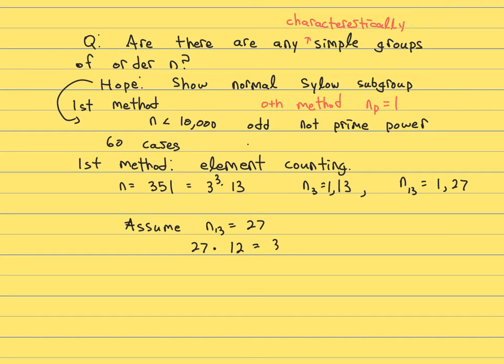And so that's 324 elements of order 13. What is left? Well, 351 minus 324 is 27 elements.